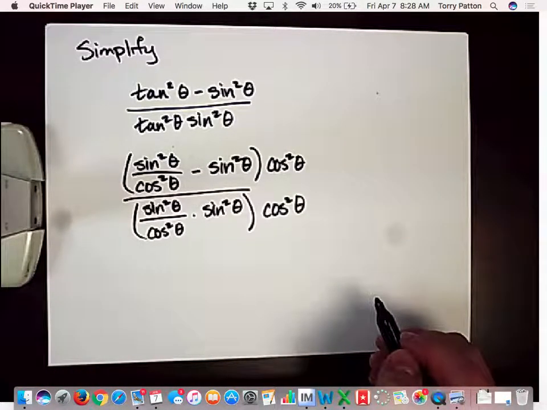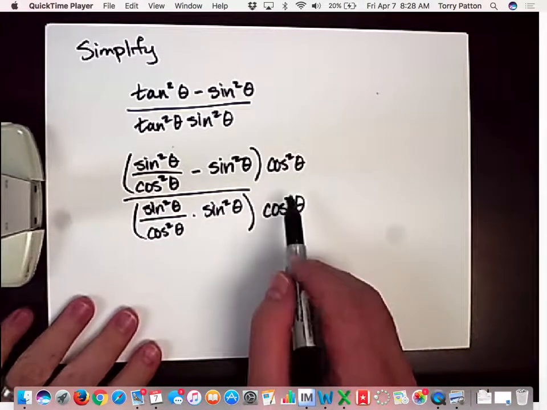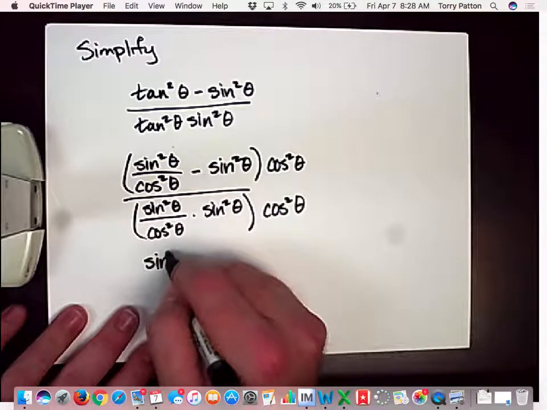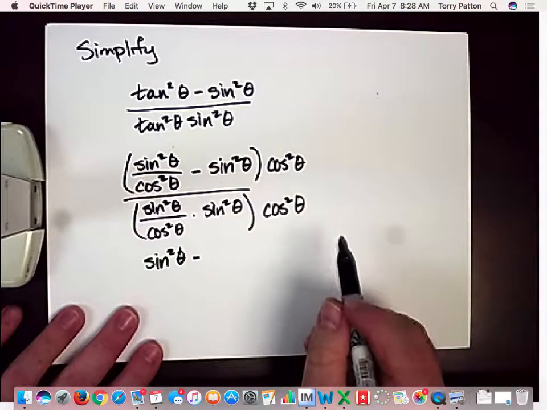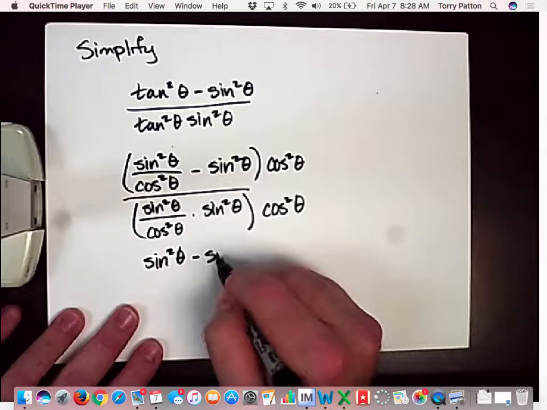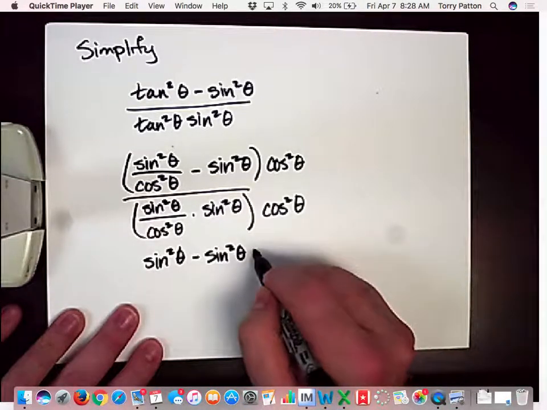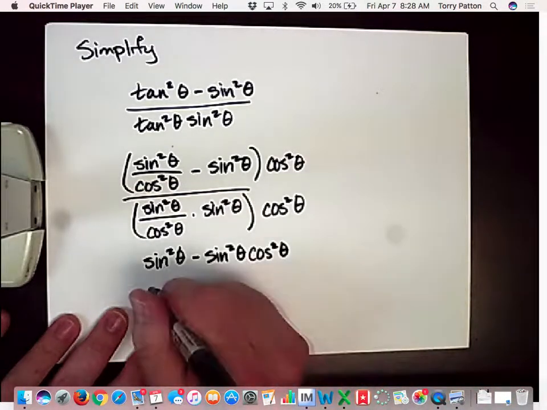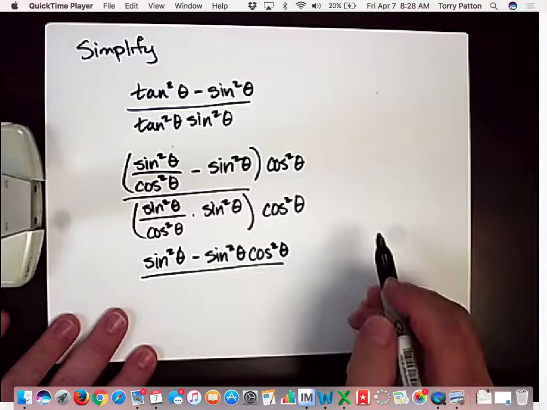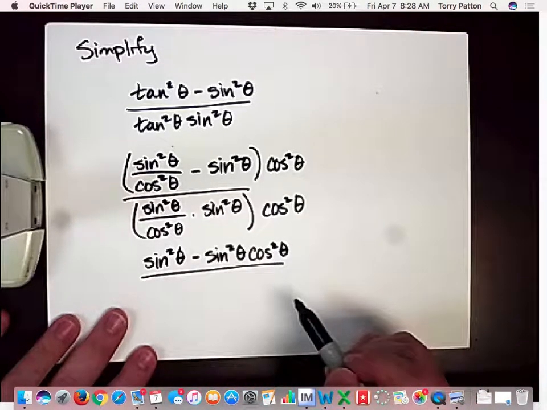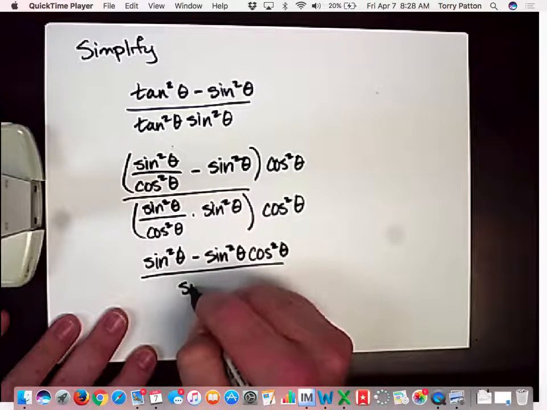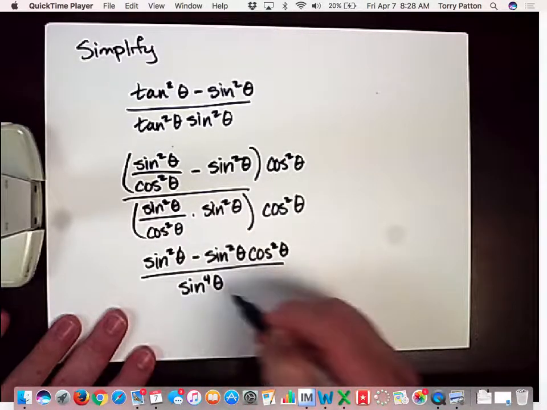On the top, what do we have? We have those cancel, so we have sine squared theta minus sine squared theta cosine squared theta, right? Over, on the bottom, we just have sine squared theta times sine squared theta, so sine to the fourth theta.